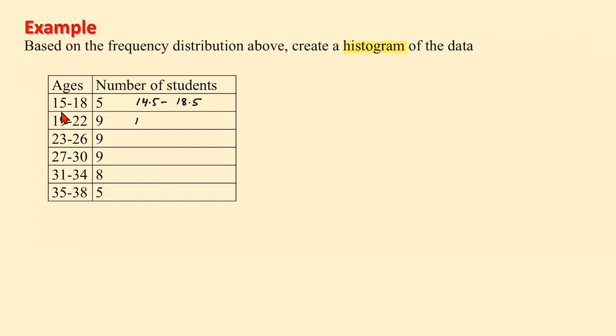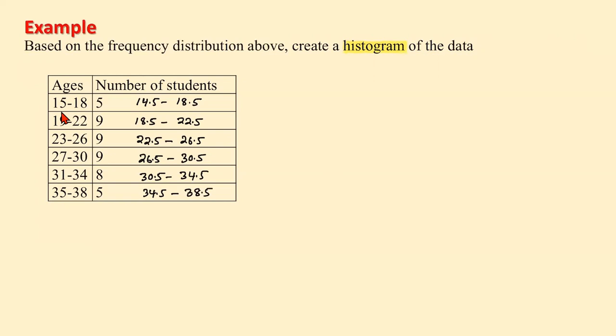Similarly, the second one will be 18.5 up to 22.5. This one will be 22.5 up to 26.5, then 26.5 up to 30.5, then 30.5 up to 34.5. And the last class will be 34.5 up to 38.5. So first, we modify the classes.